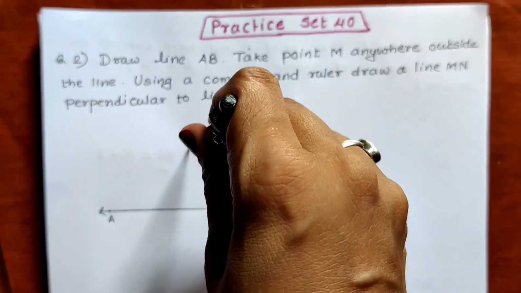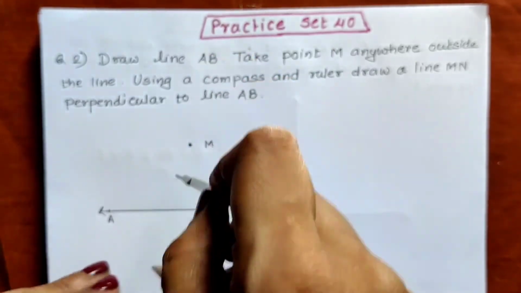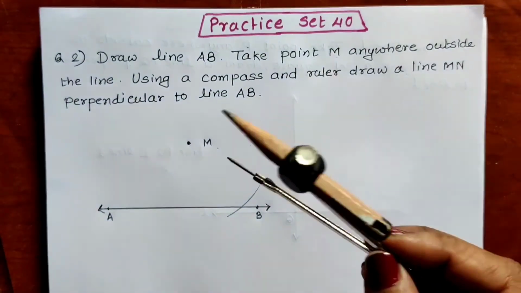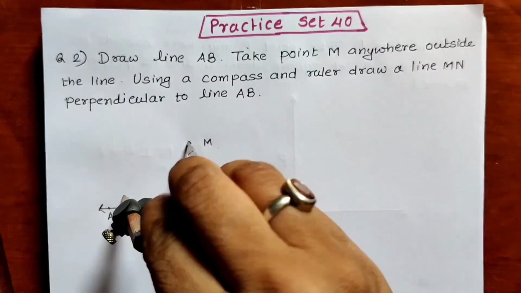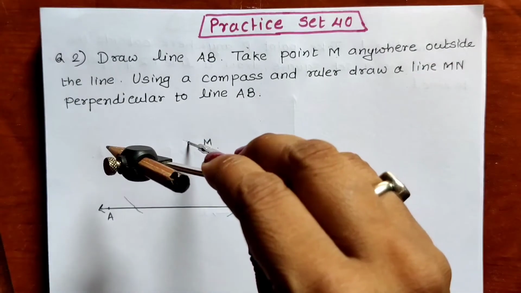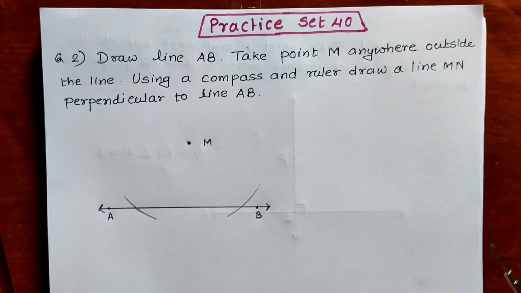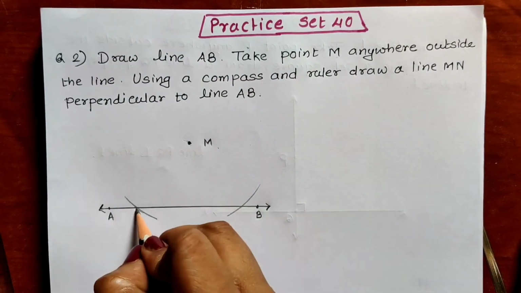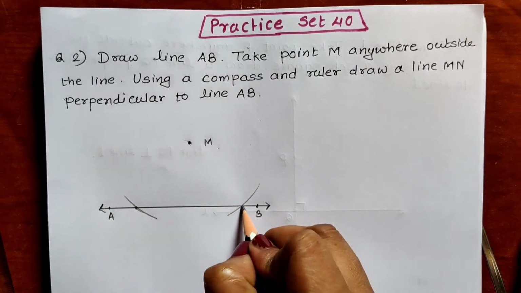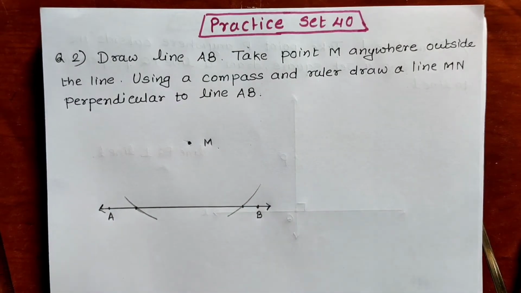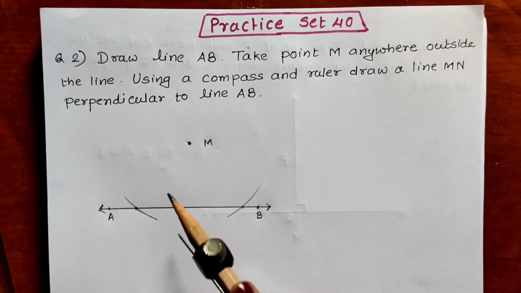Okay, this is the first arc, and then without changing the distance in the compass, we have to draw the second arc. So in this way we have drawn these two arcs on line AB. Just make these points a little dark, so we know where these arcs cut line AB.